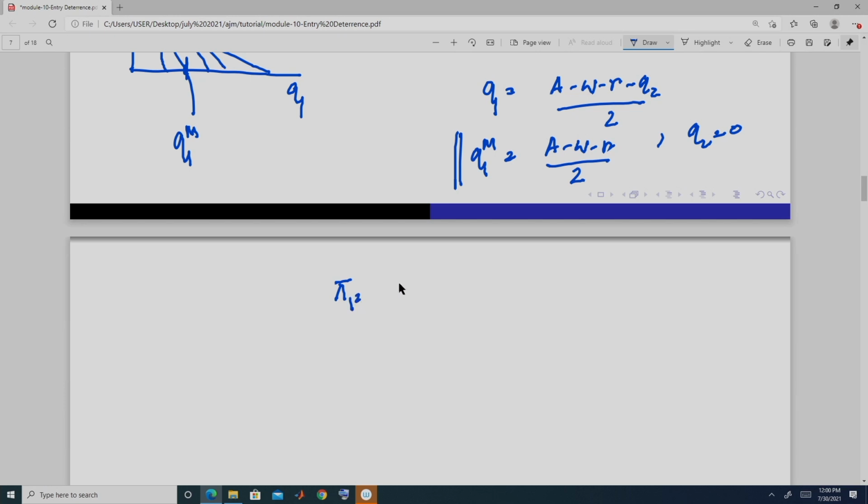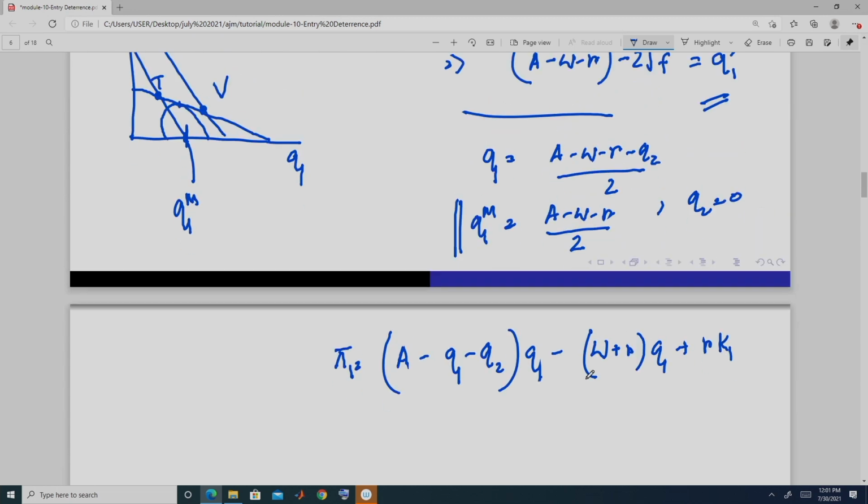So, this is the profit function of firm 1. You can write it in this form. If we take this reaction function, because this reaction function means that its capacity is less than the amount of output it is producing, right.